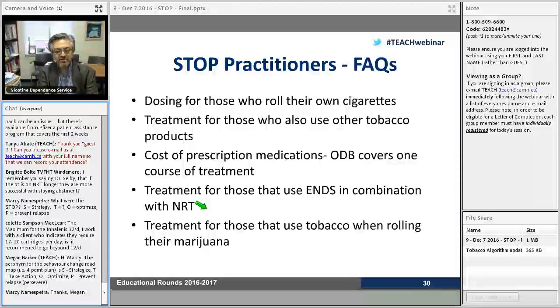That is a changing role, and we're not really sure what to do right now. It's a case-by-case basis, and clearly you'll see what we do with people who are using that in the FAQs. What I do is, because I'm not sure what the quality of nicotine is from batch to batch, I will often use a short-acting initially, maybe a middle dose patch to start with, especially if they're exclusive e-cigarette users and want to stop using it.